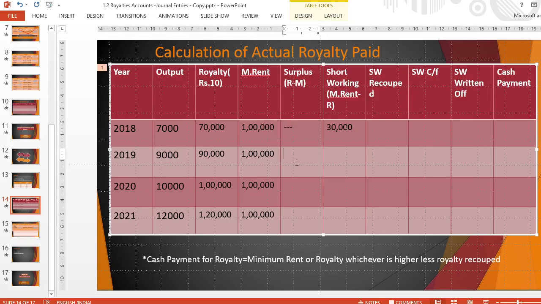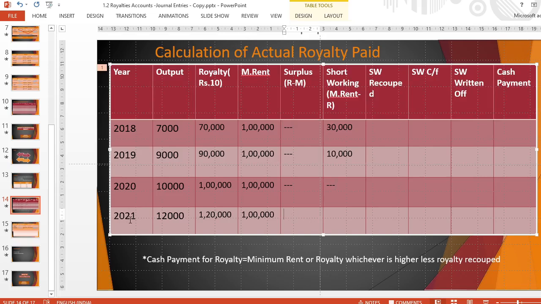So surplus is 0 and short working is 1 lakh minus 90,000. It's 10,000. And in the 2020, so both are same 1 lakh rupees each. So there is neither surplus nor short working. 1 lakh minus 1 lakh is 0.